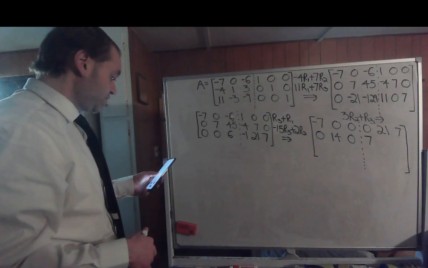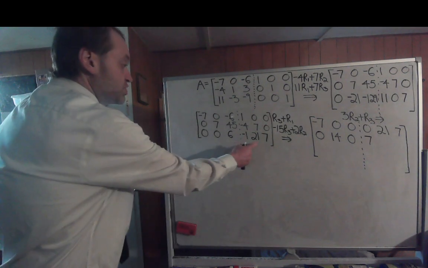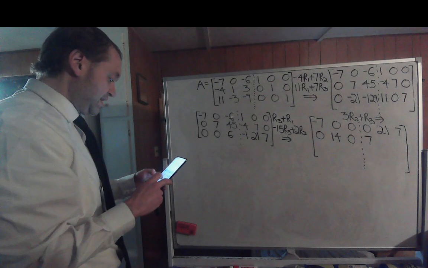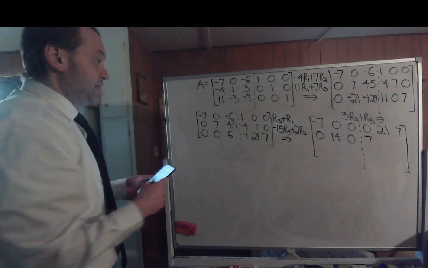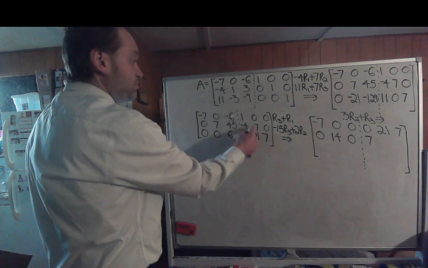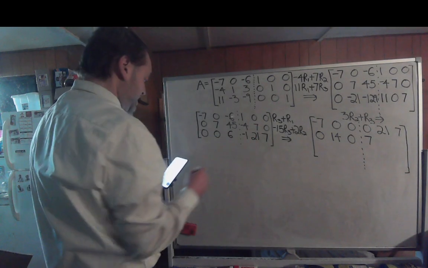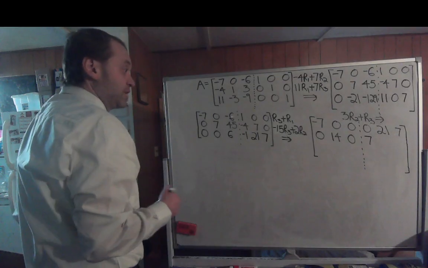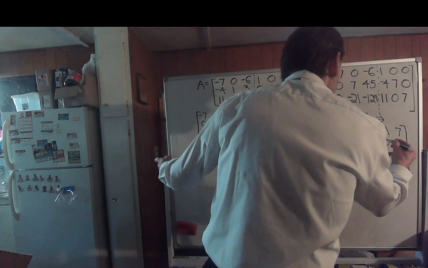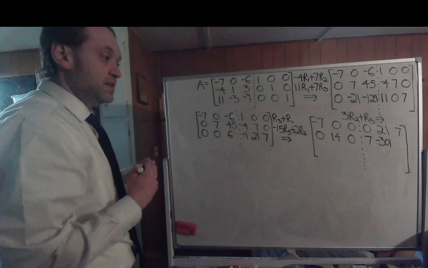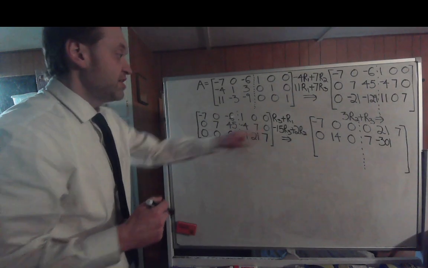Yes, sirree. Deal with this 21 and negative 15. So 21 times negative 15, that's negative 315, plus 2 times 7 is going to be 14. So you should end up getting negative 301. And then negative 15 times 7 is going to be negative 105, plus 2 times 0.